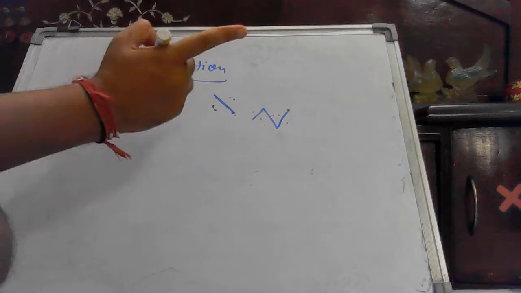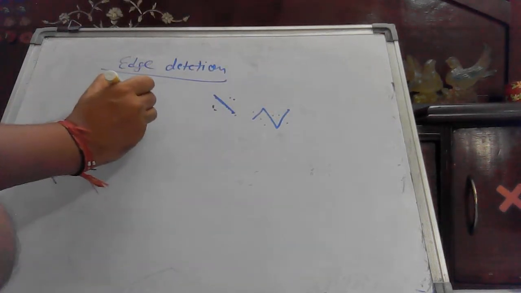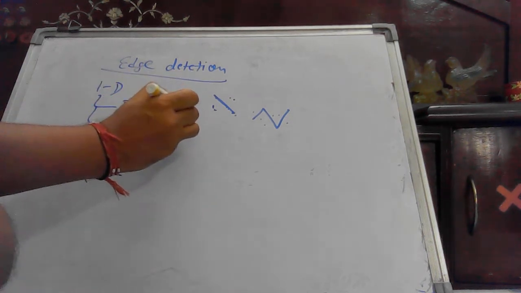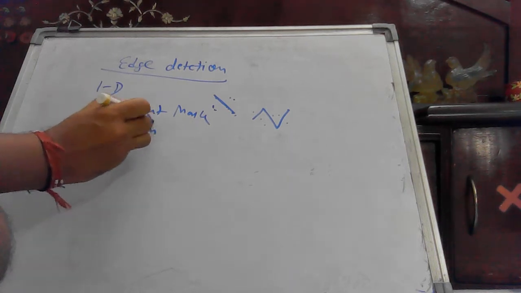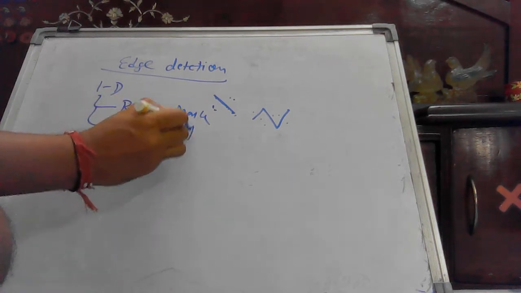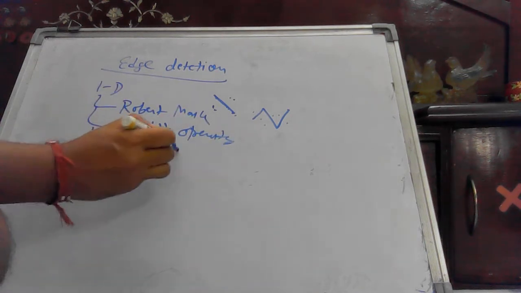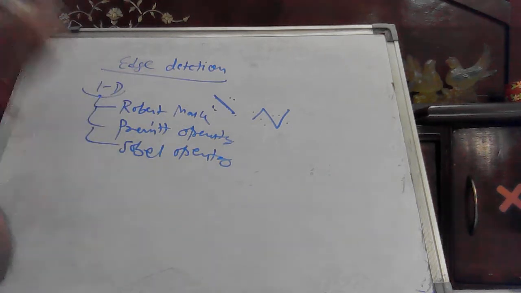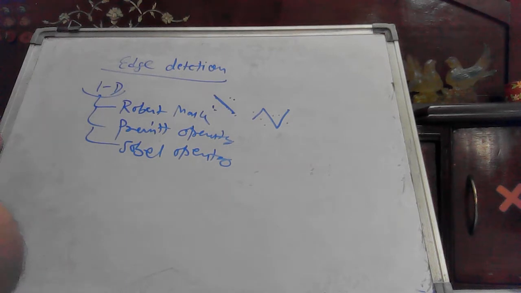You can go into the details in that lecture on frequency domain filters. We talked about the Roberts mask, the Prewitt operator or Prewitt mask, whatever you say, and we have also talked about the Sobel operator. So these three operators or masks we have already discussed in the one dimension case of frequency domain filtering.